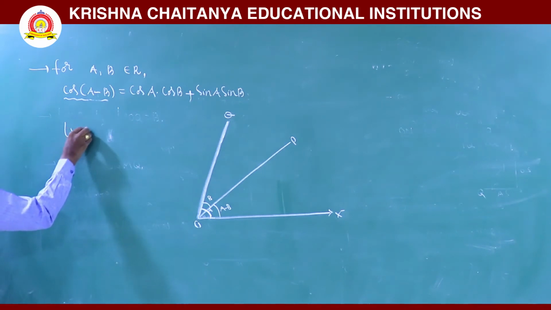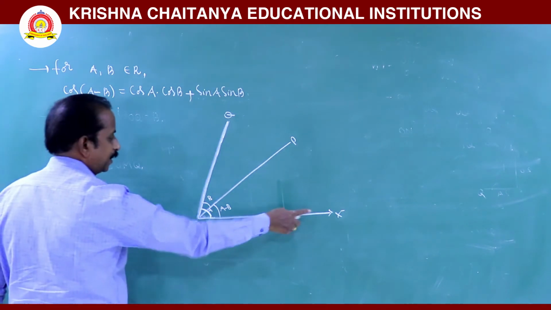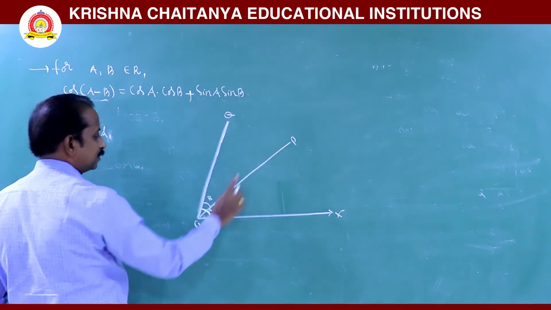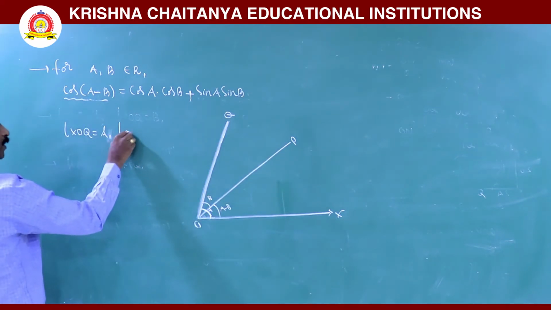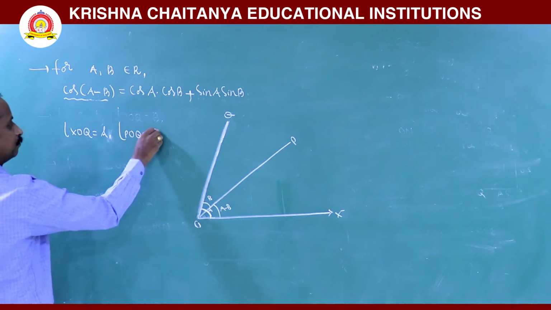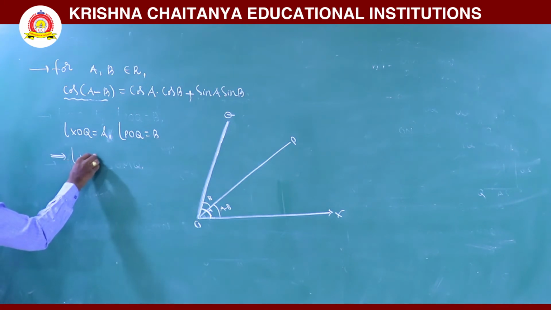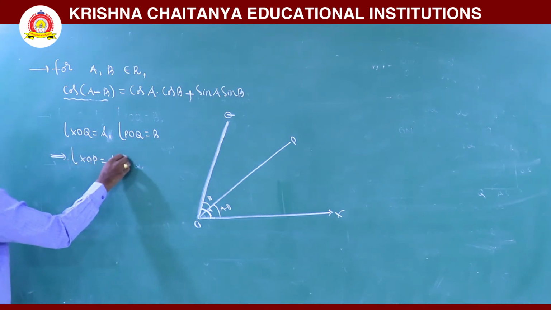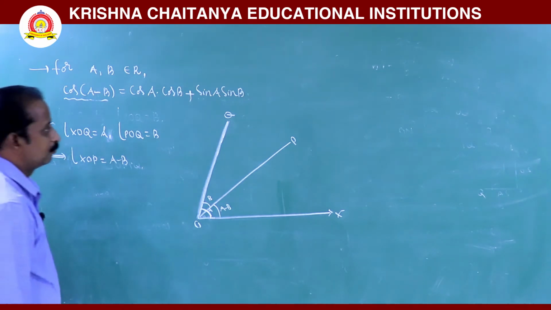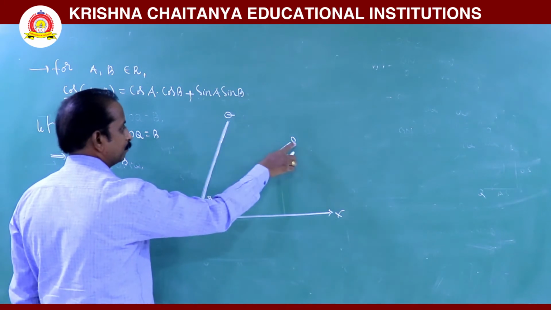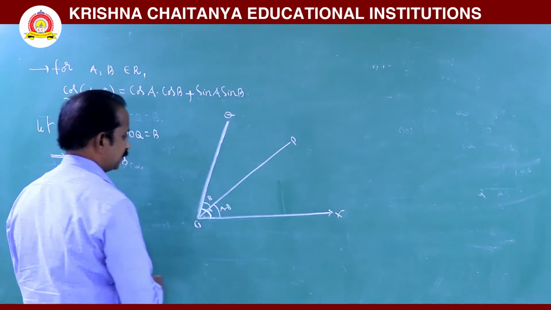Angle XOQ is equal to capital A. Angle POQ is equal to B, which implies angle XOP is A minus B. And now from Q and from P, draw perpendiculars to the x-axis.